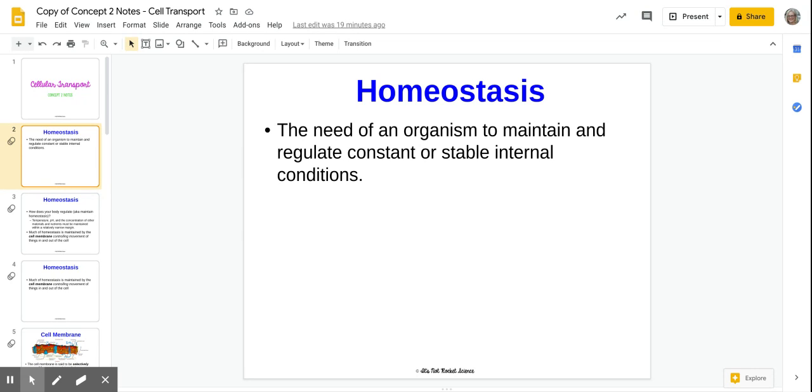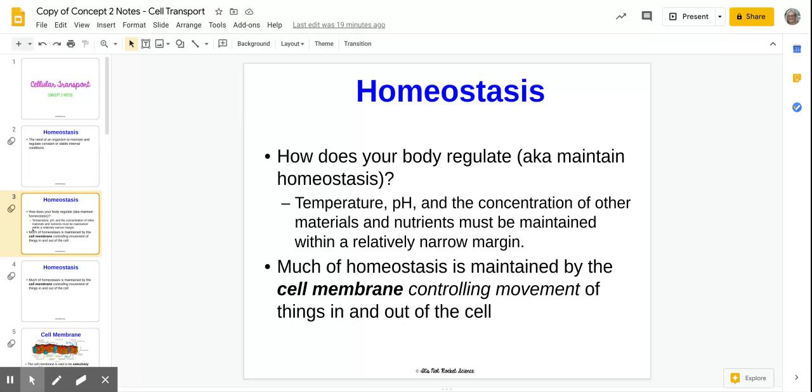The temperature increases in order to kill that substance, and then also to trigger your immune system to come in and help fight that off. So your body and cells on an individual level have mechanisms to try to keep conditions stable. So when you think of homeostasis, think of stable internal conditions.